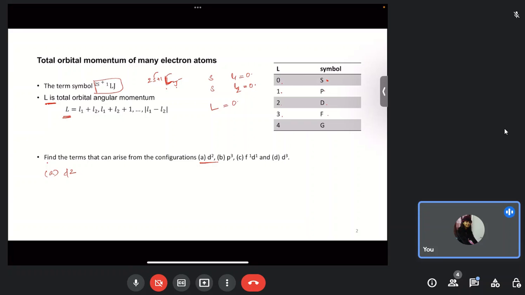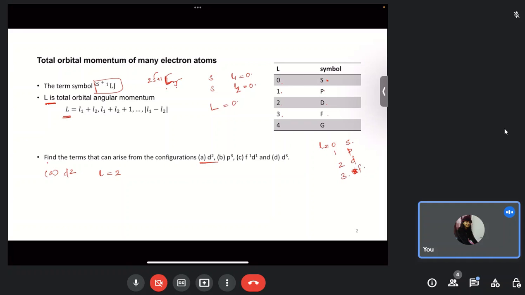We are talking about the terms that can arise from the configuration d2. The L value corresponding to a d orbital is going to be 2, right? The L value corresponding to S is 0, P is 1, D is 2, F is 3.